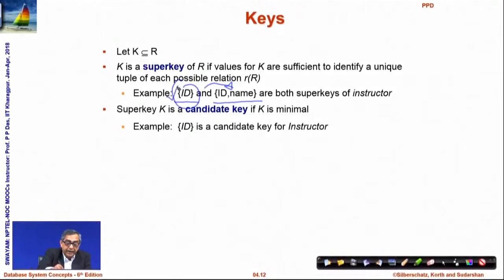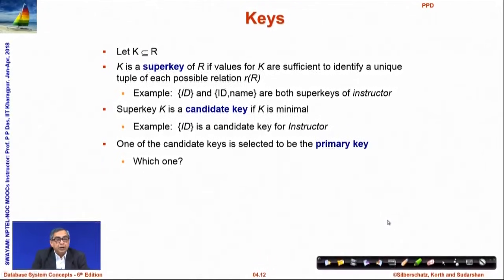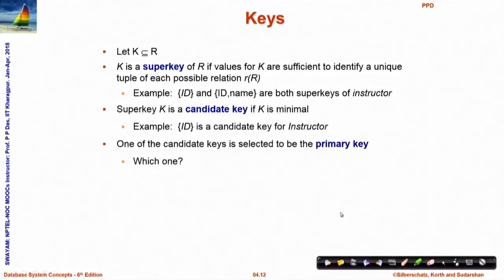So, we will say this is a candidate key, but this is not a candidate key, because it does not satisfy the minimality condition. There could be multiple candidate keys in a relation. If there are multiple candidate keys, then we select one to be the primary key. Obviously, there is a question of which one we select, but any one can be selected as a primary key, which is the key of the relation.